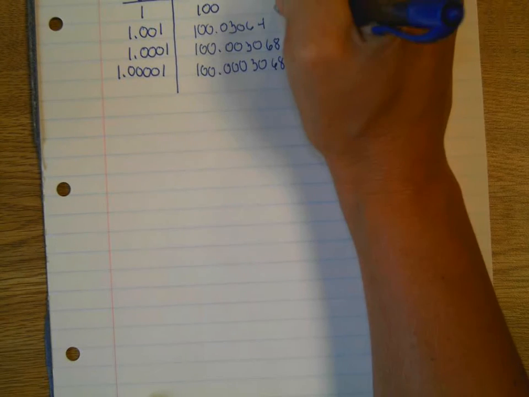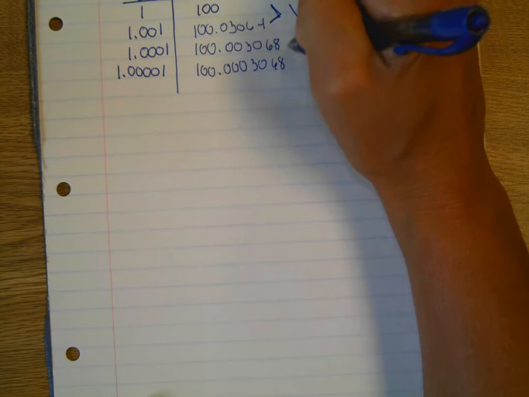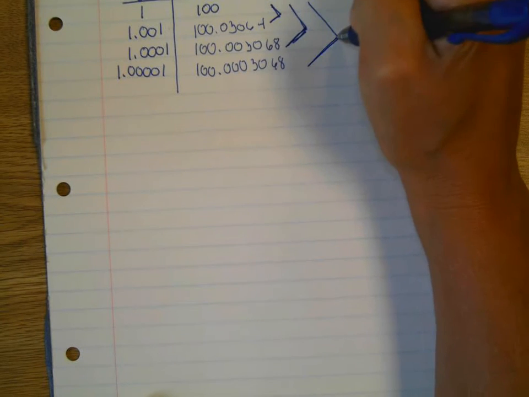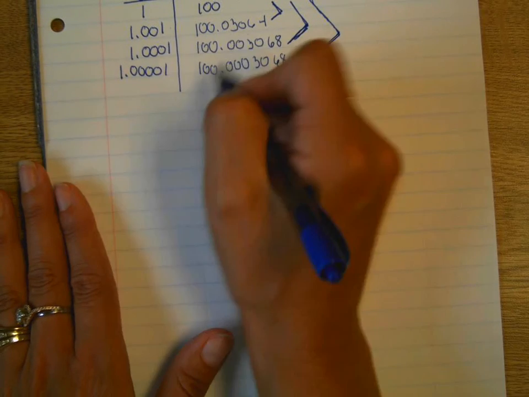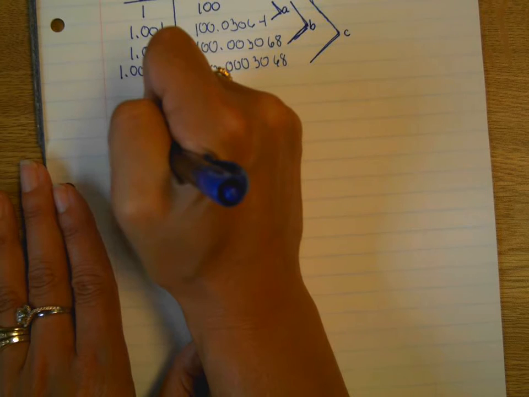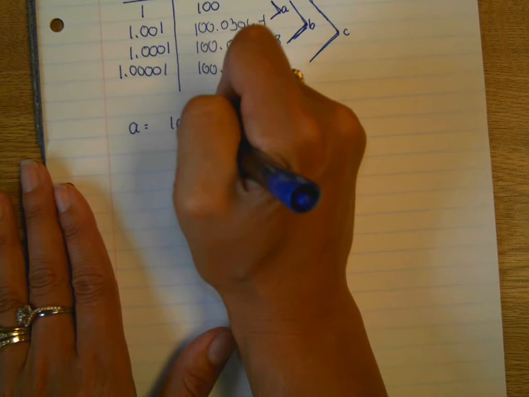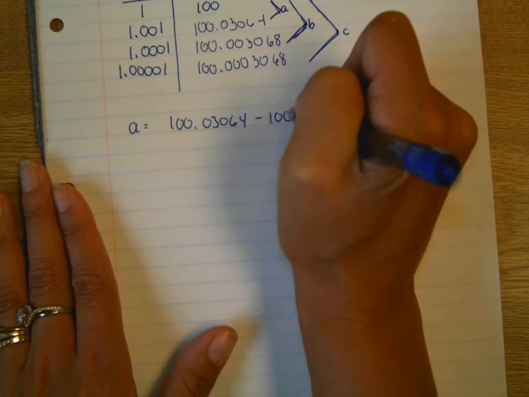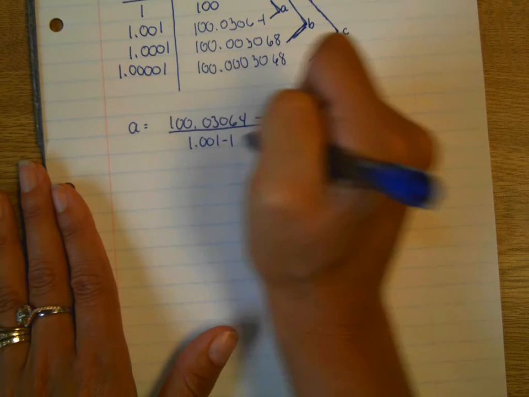So if we do the rate of change between these two, the 1 and the 1.001, and then always back to these two, we'll do rate of change. And then these two will do rate of change. So it's always comparing one to the one that's close to it. If we do that rate of change on the first one, I'll call it A, B, and C. So A is going to be 100.03064 minus 100 over 1.001 minus 1.